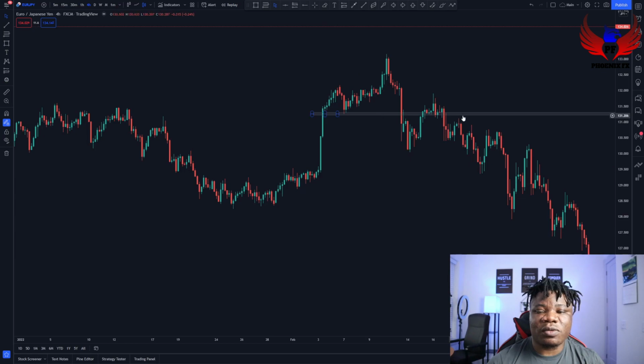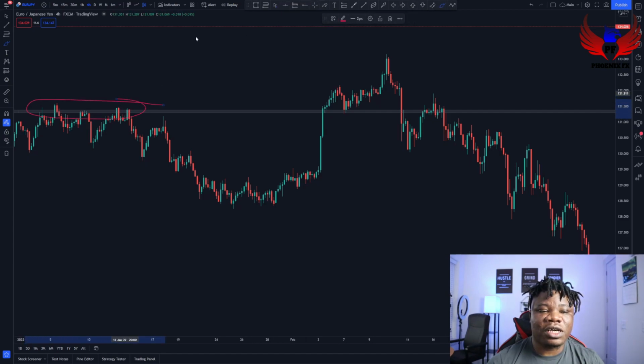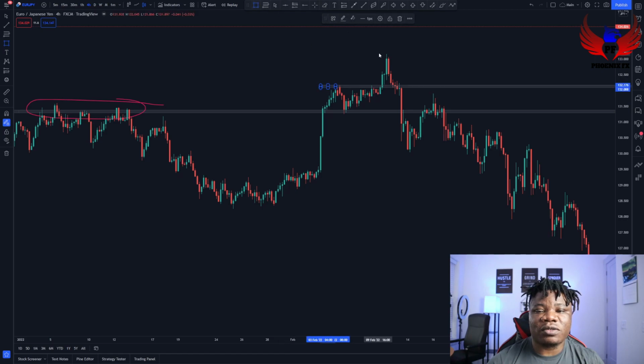We can see that we had a support right there that was initially a resistance zone. If we look at this to the left-hand side, we can see it was initially a resistance zone right there, and we also have this high here that you can mark if you want to, and we also have this resistance zone here as well, as you guys can see.